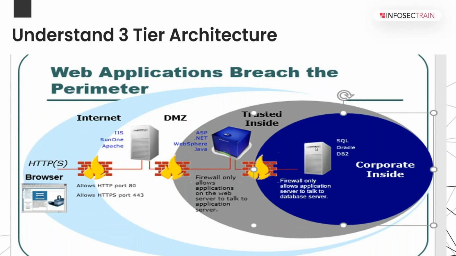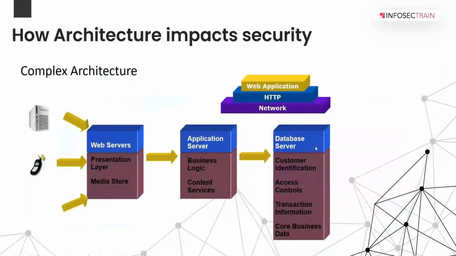So it depends on the architecture, but this is the generally accepted architecture. There are some modifications based on the requirements of the organization, right? So as I mentioned, the web server tries to communicate with the application server and the application server tries to communicate with the database server. Based on that, this whole communication happens.